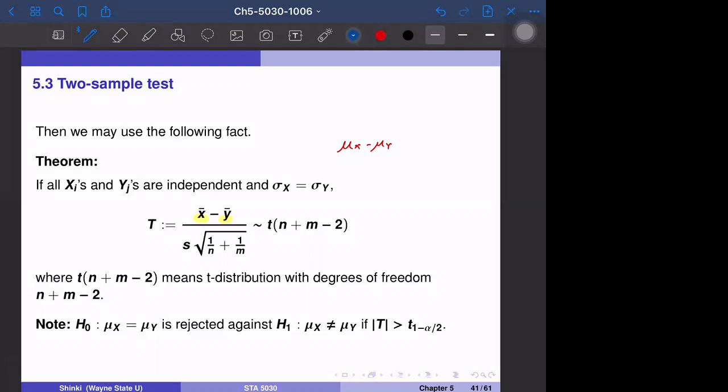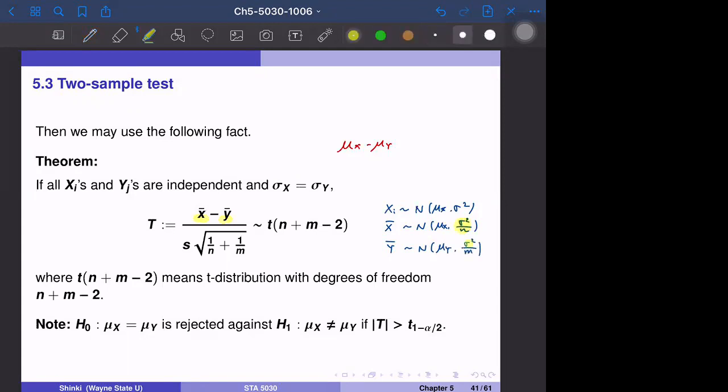If xi follows normal mu x, sigma square, then the sample mean of x follows normal mu x, sigma square over n. In the same way, y bar follows normal mu y, sigma square over m.